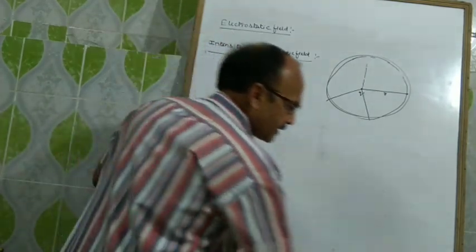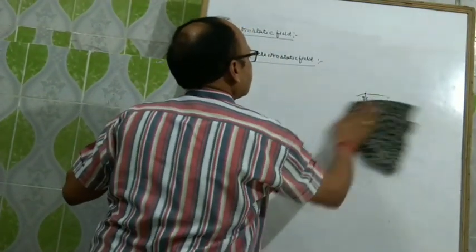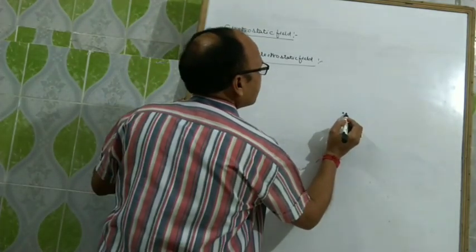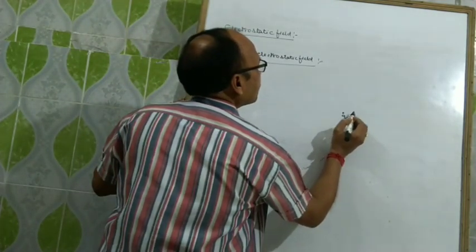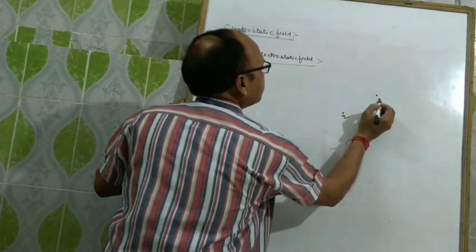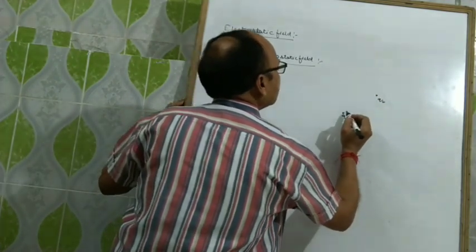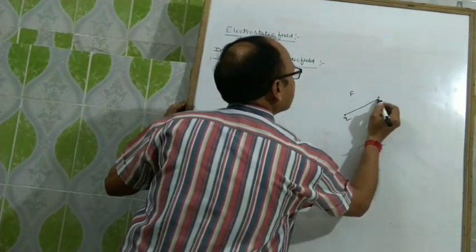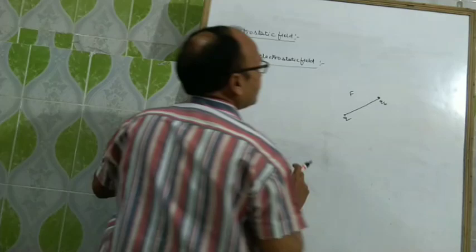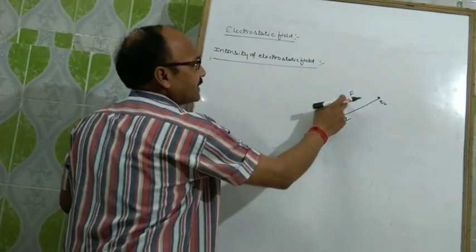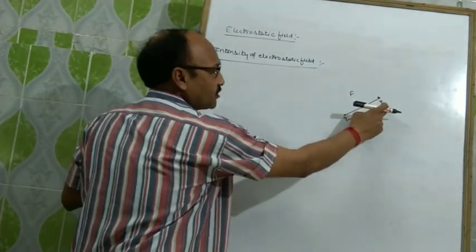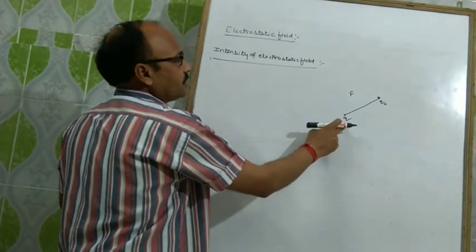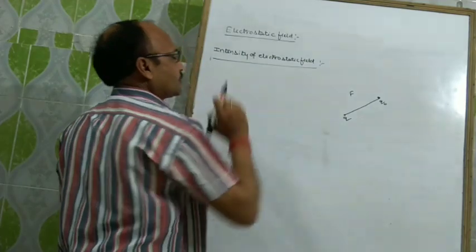So in this case you can understand this. Suppose this is the source charge Q, and this is the charge Q naught which is experiencing the force F, and this is its distance. So this force F is experienced by the charge Q naught due to the charge Q. So this charge is the source charge.